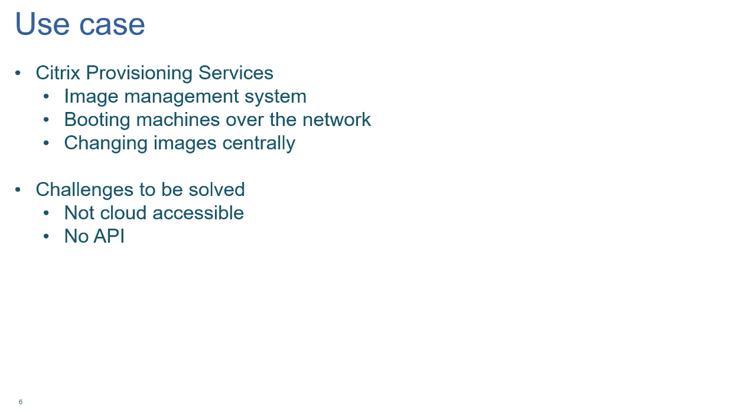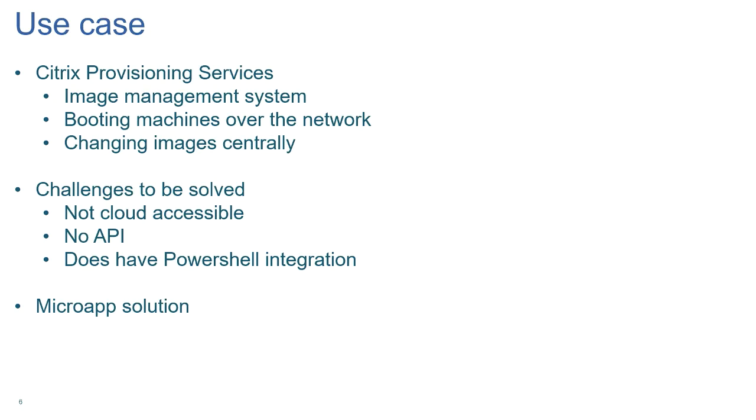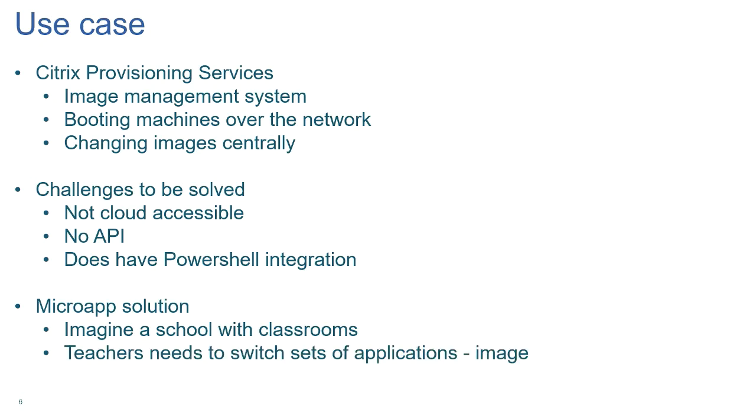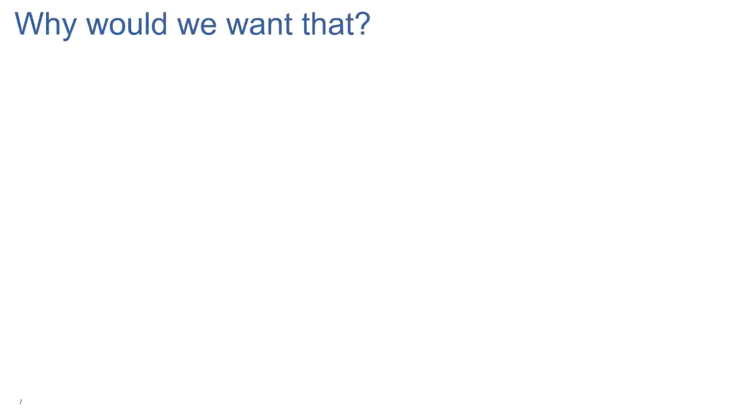In this example, we imagine a school with a classroom equipped with computers all booting over the network. Before a teacher can start a session, they would like to change the set of applications for students. So, why does this matter? Well, if the teacher needs to bother an administrator with that change, it would make life a lot easier for the administrator if they didn't have to.